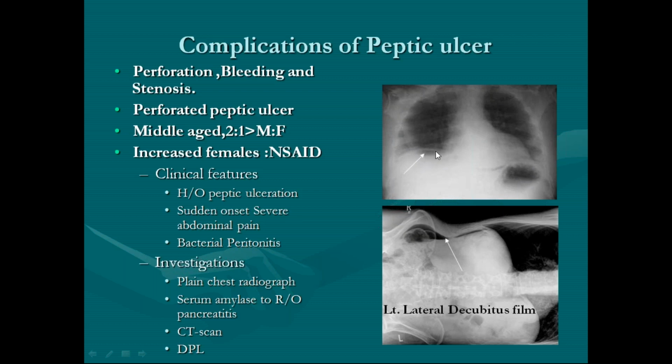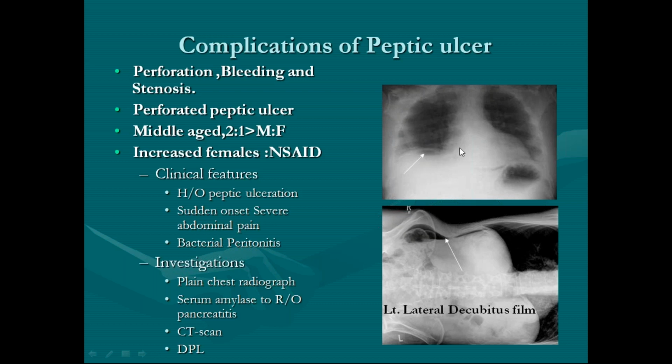This is nothing but air. In the standing position, the air tries to settle in the non-dependent position, so because the diaphragm separates the chest and the abdomen, it comes and settles here.